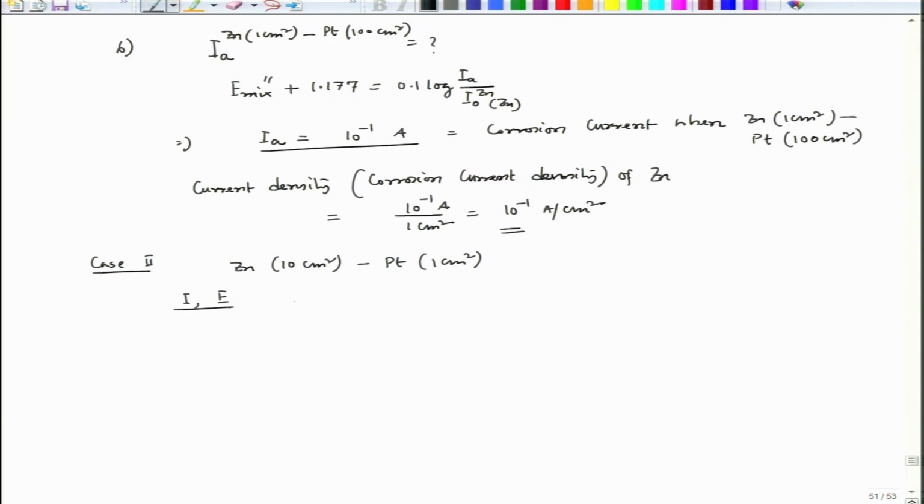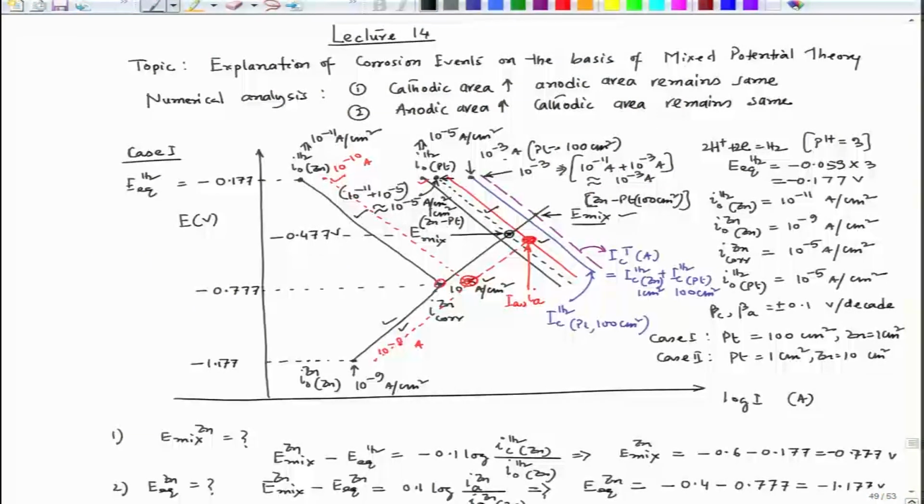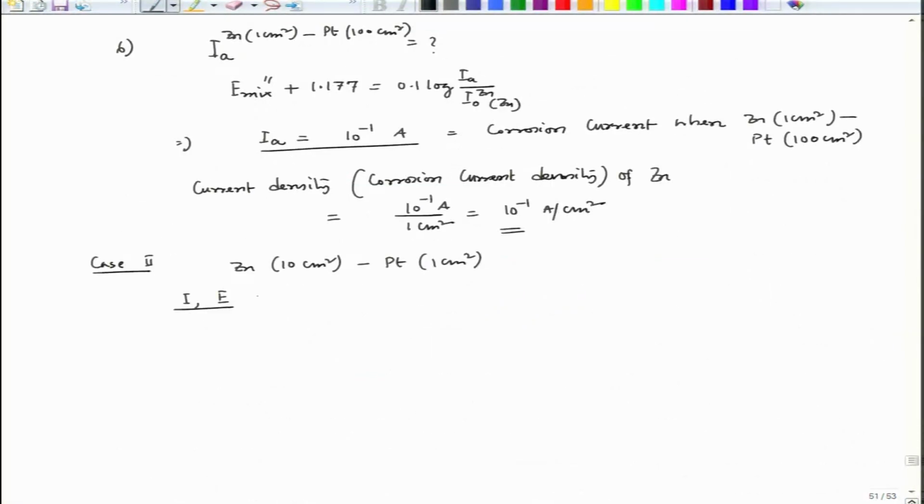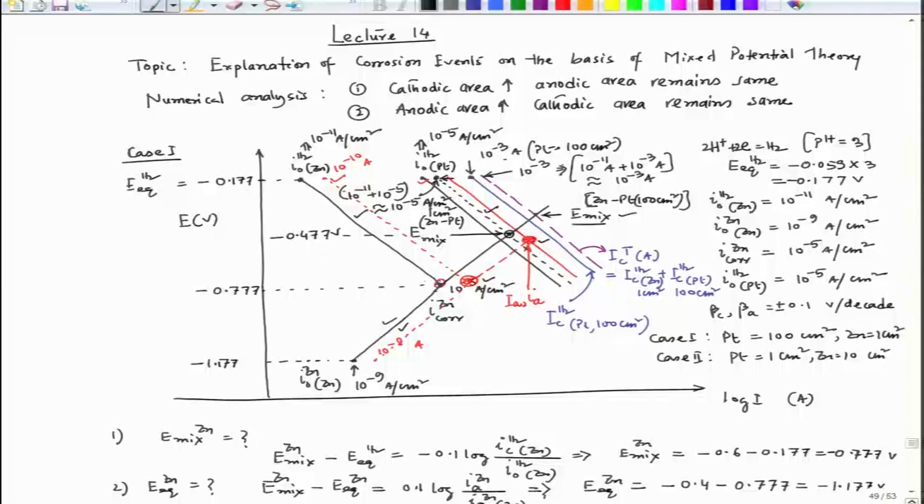So, now the first part we have to solve. In order to get this point, we have to solve 2 equations. What are those 2 equations? I will do a bit of a jump. First part is E mix star. Let us say this point is E mix star.